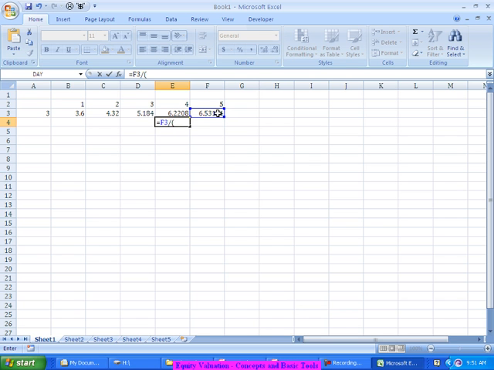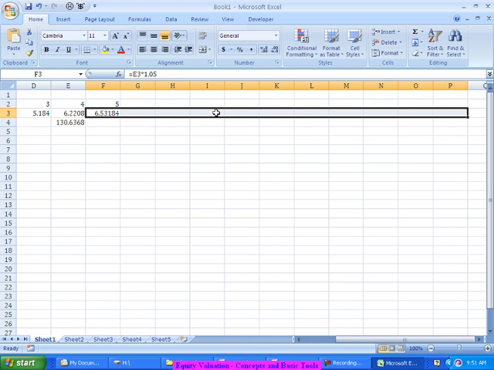So 0.05. So G is 0.05 or 5%. So let's assume KE to be some 10%. Let's assume the cost of equity is 10%. So all I am saying is this is my D1 by KE minus G, which means this is the value of 130, which is nothing but the present value of all these dividends, right?